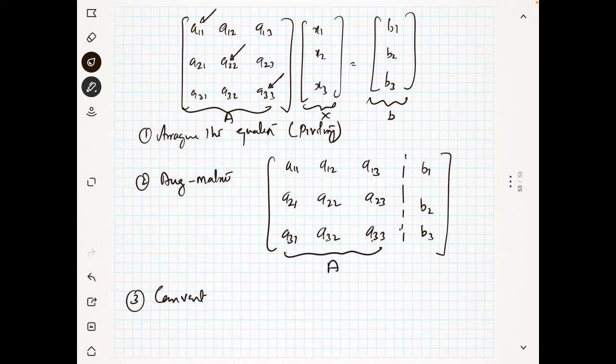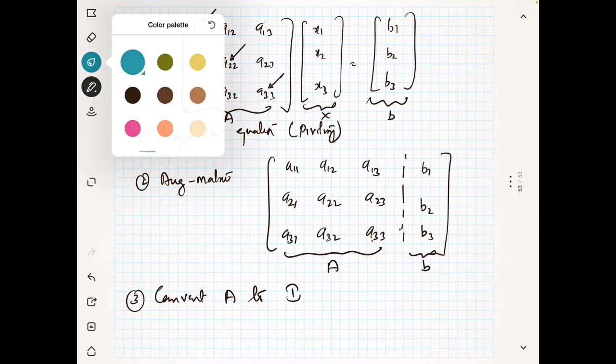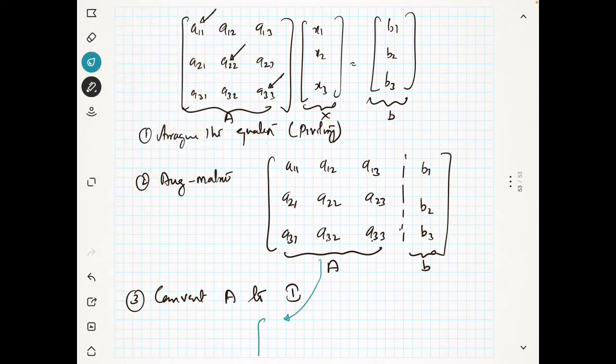That means this is A and this is your B. Convert your A to I. That's it. You will convert your A to I. That means in this case, you will convert your matrix A by using row operations. You can use row operations to convert A to 1 0 0, 0 1 0, 0 0 1. So automatically, if you do the operation, your B will be changing to something like B1 tilde, B2 tilde, and B3 tilde, right?